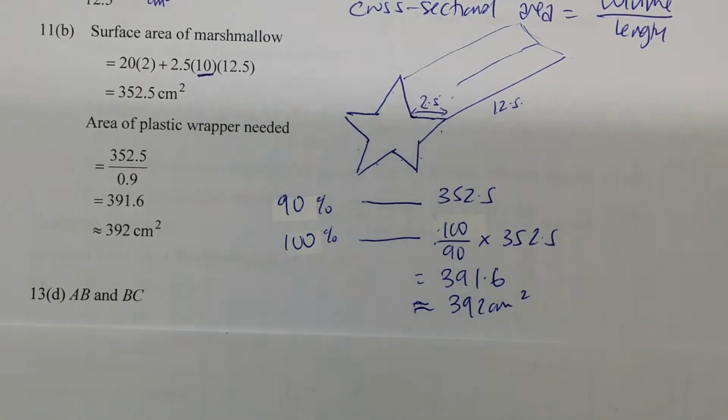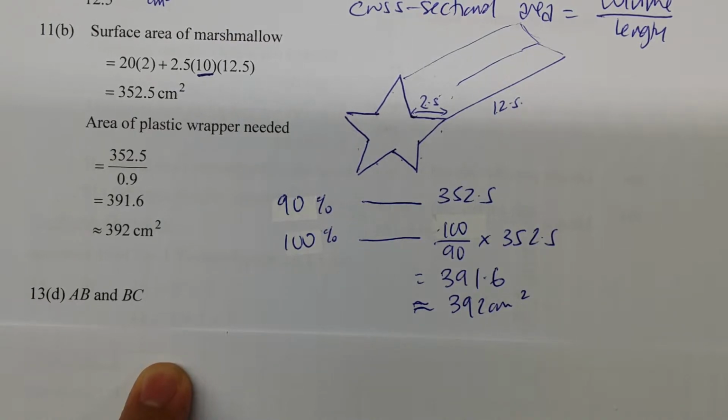Now let's look at question 13. What are they asking for? Construction. I don't have the solution, but the perpendicular bisector of AB and the angle bisector of ABC should be quite straightforward. I think the last part is difficult. Part D, they say point P is equal distance from line segment what and what.